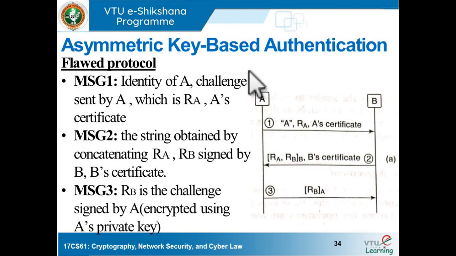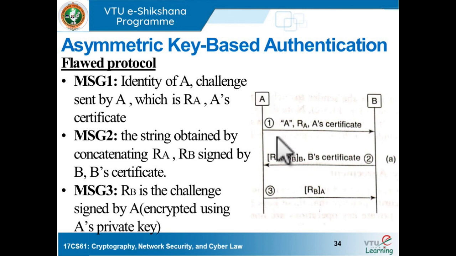Now let's see how this authentication works. Now again we see this authentication in three ways. One is the flaw that is present in the protocol, and then the possible attack, and also then we will see how to correct this particular protocol.